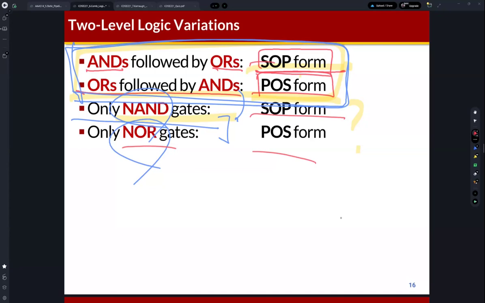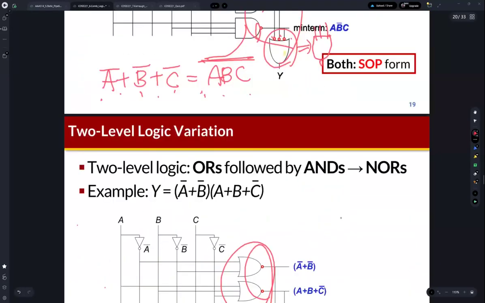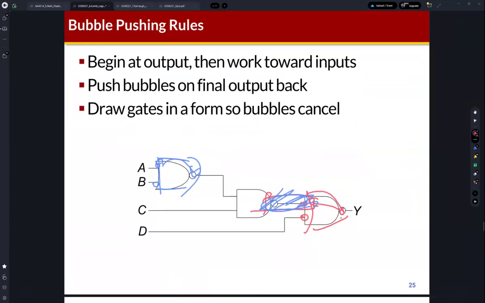It means that using only NAND gates, we can represent SOP forms, and we can implement the POS forms using only NOR gates. I also explained that if we use NAND gates or NOR gates, then we can reduce the number of transistors.